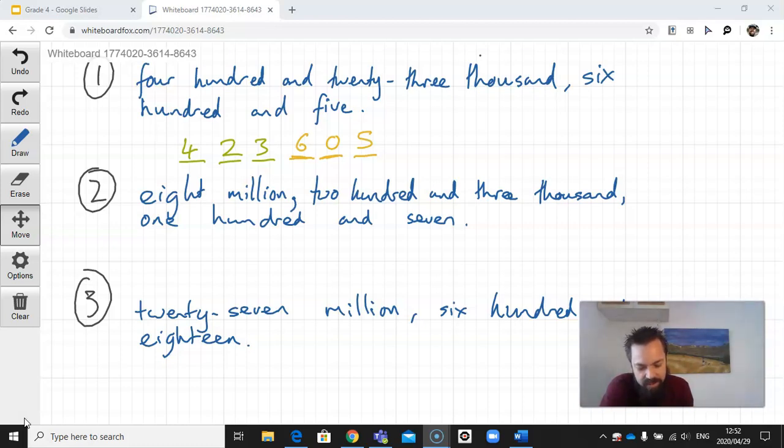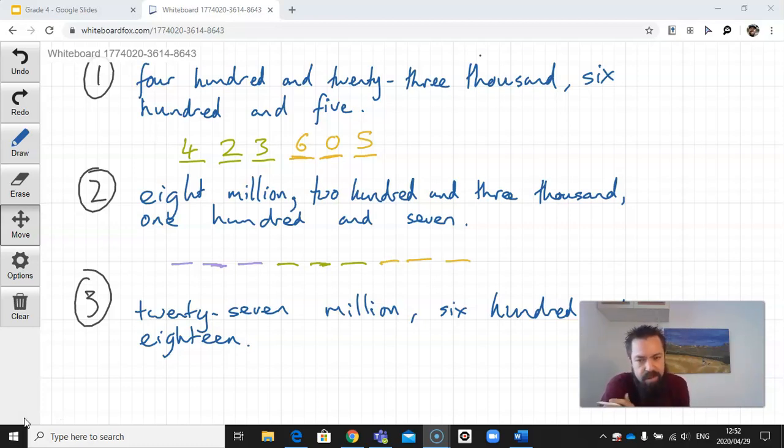Okay, next one. Let's have a look. 8 million. Oh, we've got a millions. So we're going to draw space for all of our millions family. Truth is, once you've got millions, you're going to have spaces for all your other families as well, even if there's no one in them. Okay, but let's now have a look.